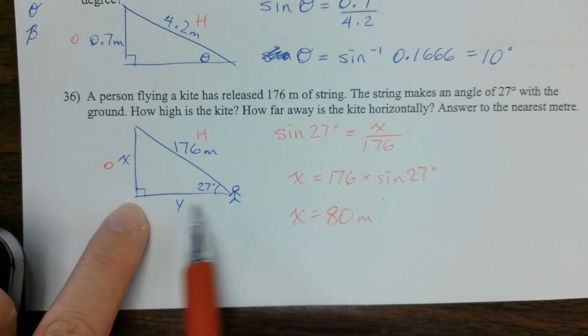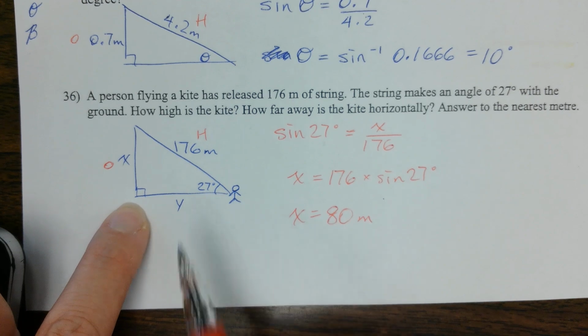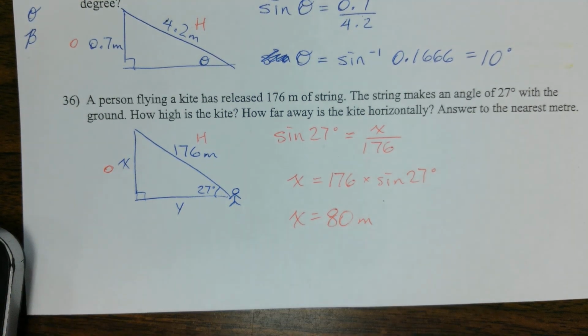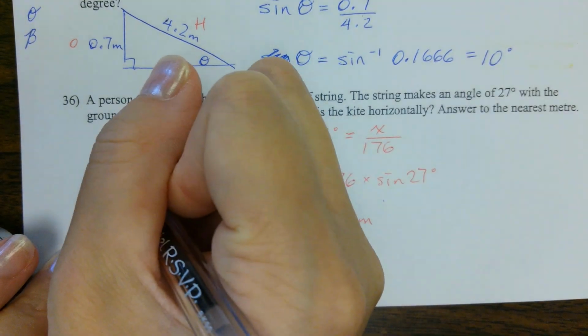Now, to find y, what are my two options? Sine law, yes, although it involves a few more steps with sine law. There are two easy ways to find it.